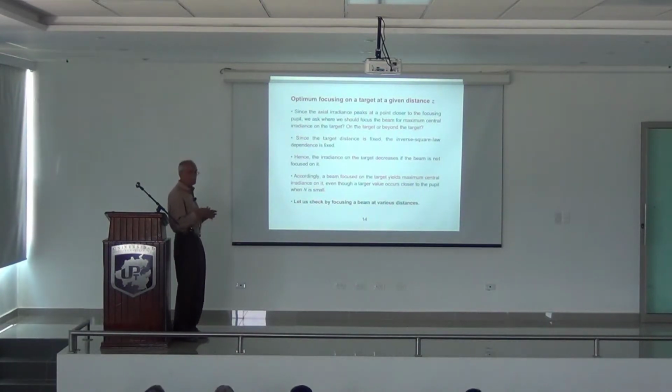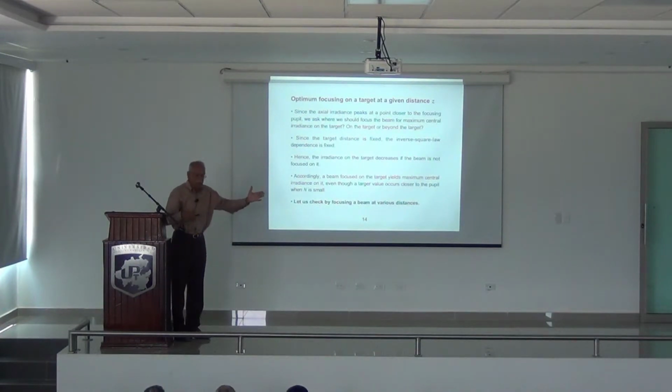Now, think of the following question. For small Fresnel number, the irradiance at a distance shorter than the focal point distance is much higher. Now we ask the question: suppose I have a laser beam and a target that I want to illuminate.